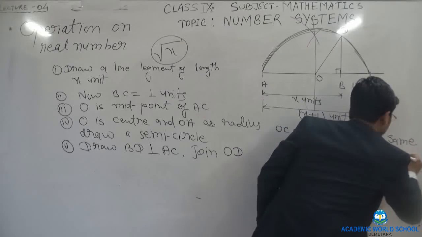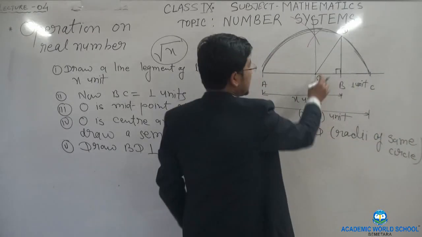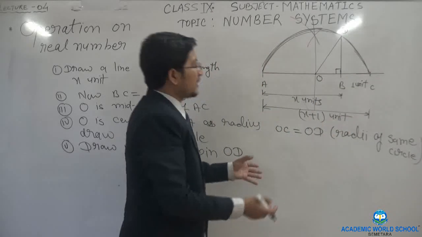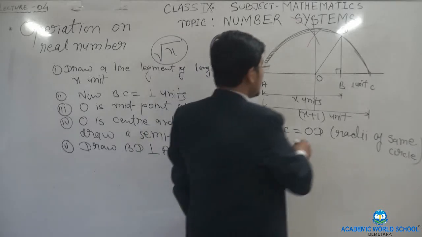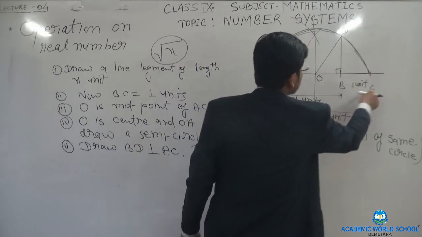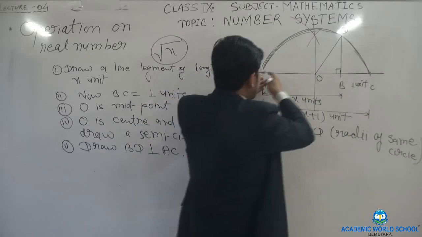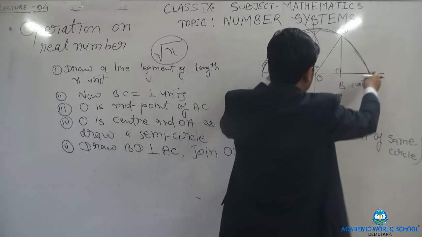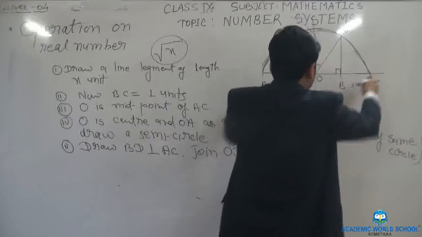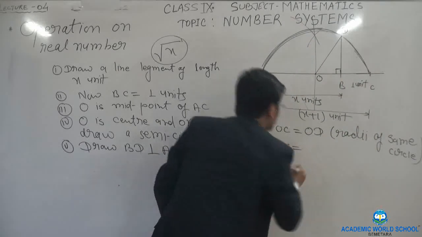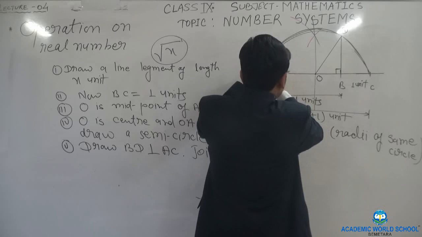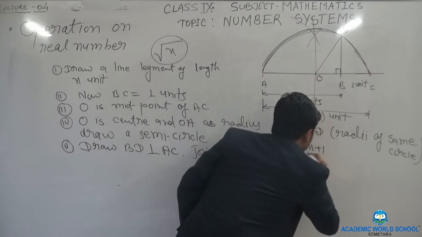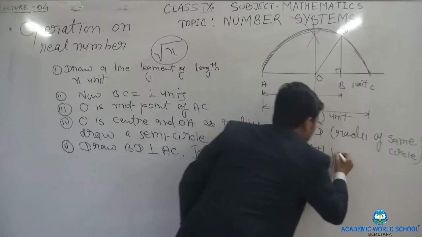Since AC is the diameter and AC is x plus 1, the radius OC will be x plus 1 divided by 2.